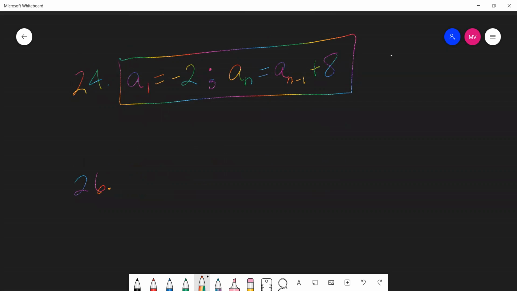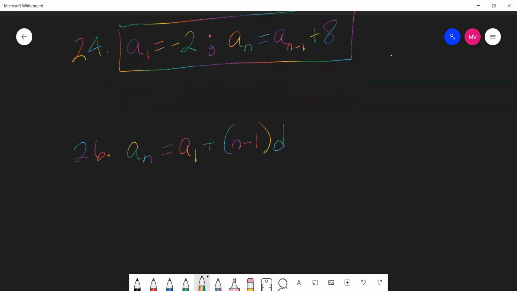So for number 26, they want a simplified form of the explicit formula, which means we need to use the distributive property to simplify it. So our explicit formula is AN equals A1 plus N minus 1 times the difference.